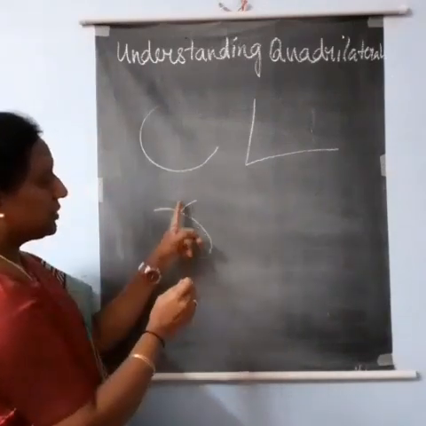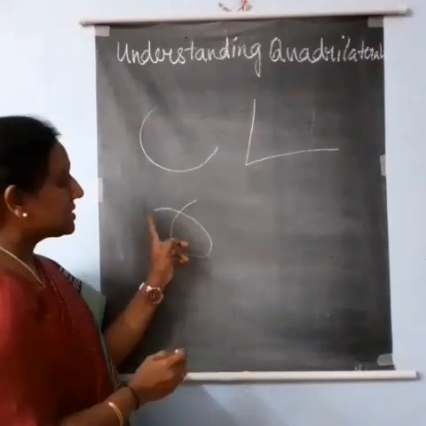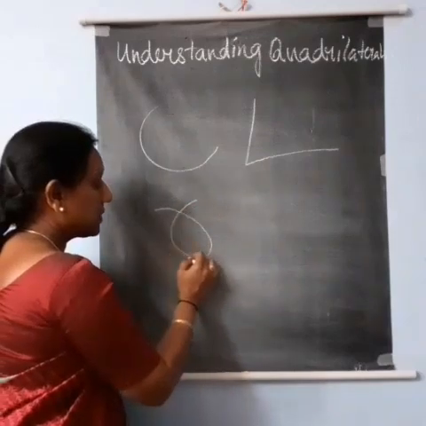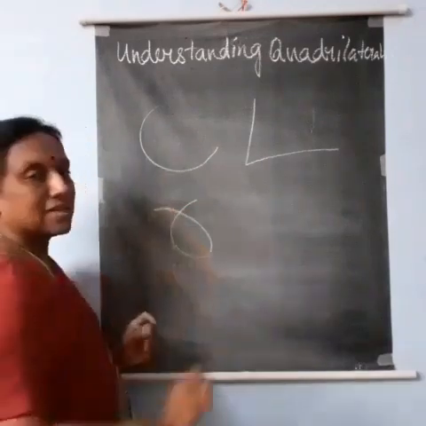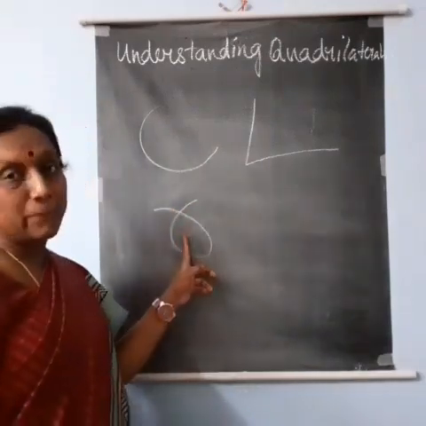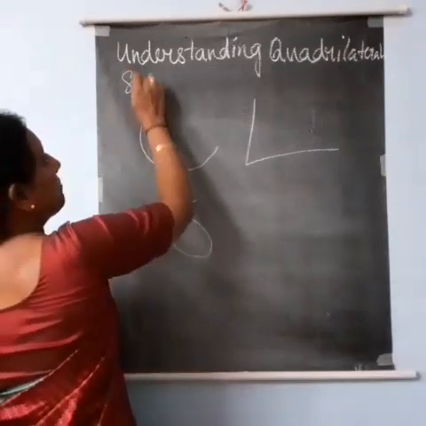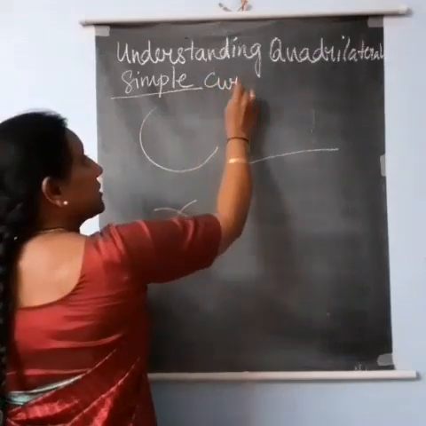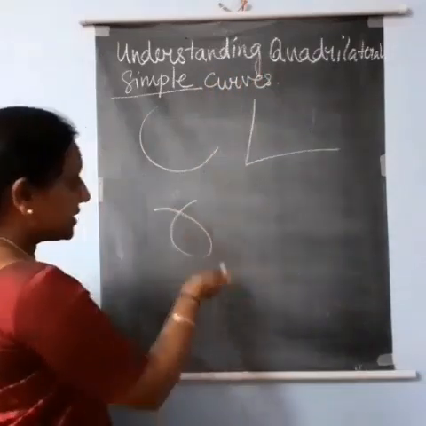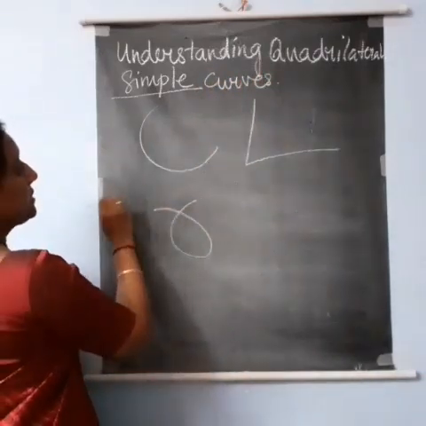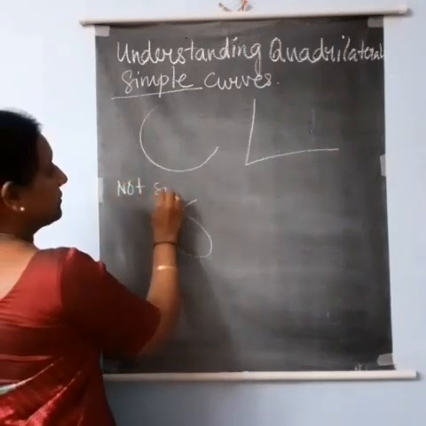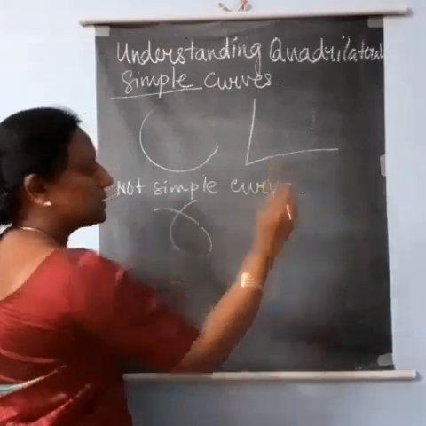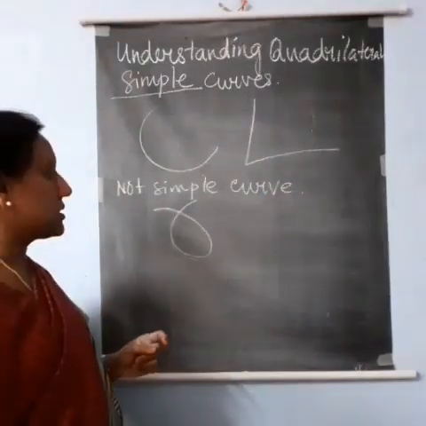Now when I am drawing this curve, there is a point which is common. I have come across this point already. So this is not a simple curve. These are simple curves, and if I retrace that point, then it becomes a not simple curve. Okay? So you have understood what is a simple curve and what is not a simple curve.